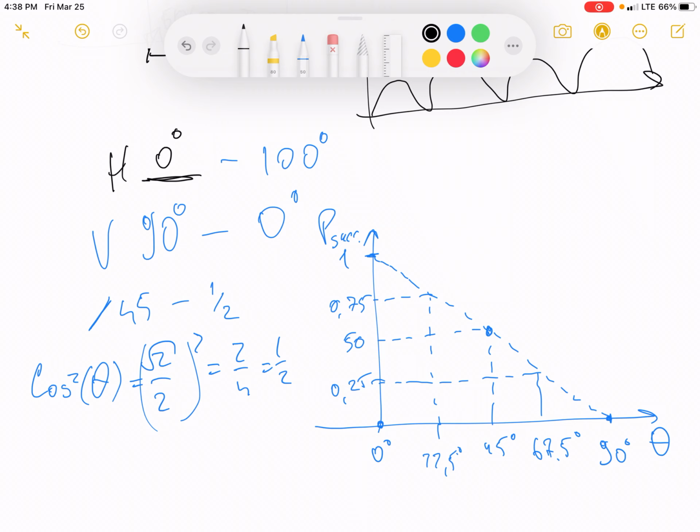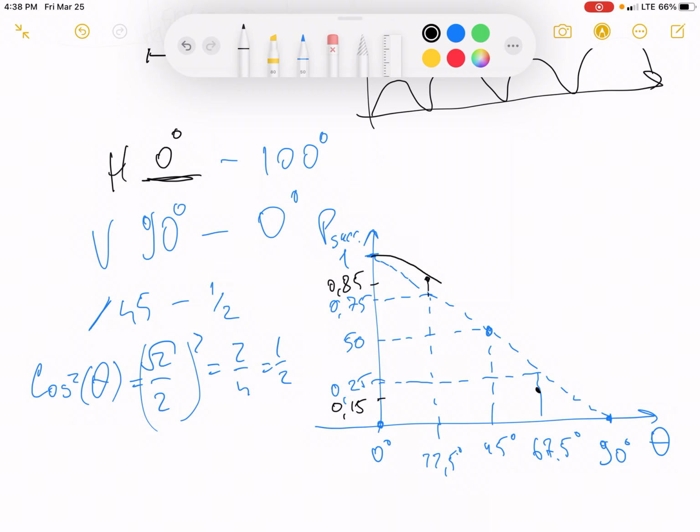We find that for 22.5 degrees we actually have 85% probability of success, larger than a linear relation would expect. And for 67.5 degrees we find 15% probability, so smaller.